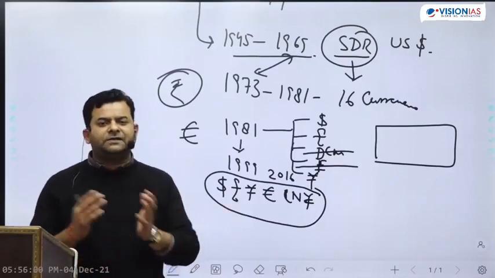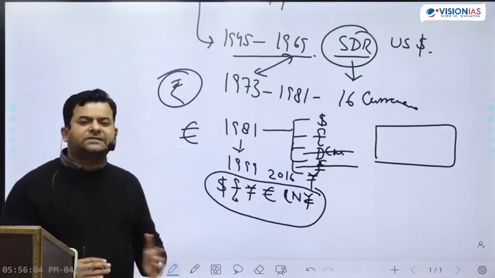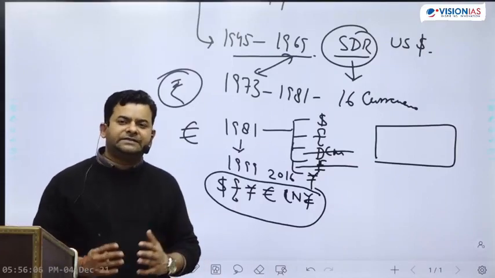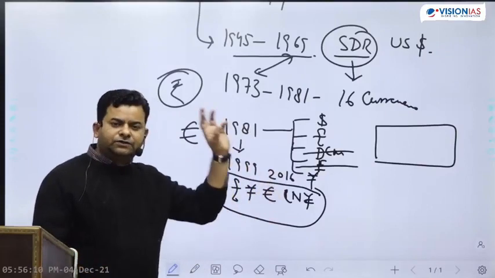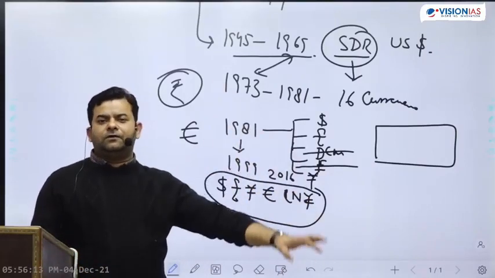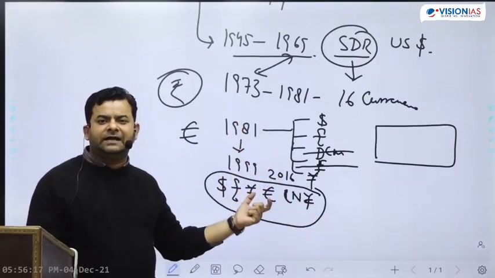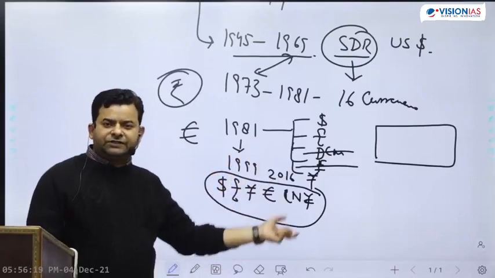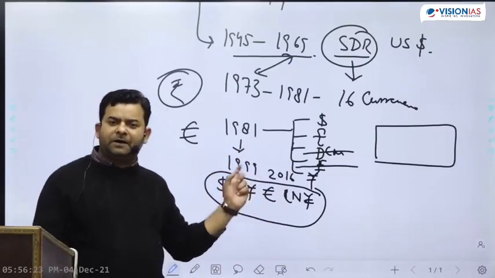But after that we realized, why only dollar, why not other currencies, and that's how in 1969 we got SDR with more currencies. To start with 16, then we got 5 currencies of different nature, from 1999 we got 4, and in 2016, the current position you should be more aware of, we have 5 currencies as part of this SDR.